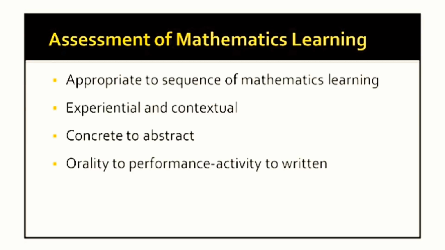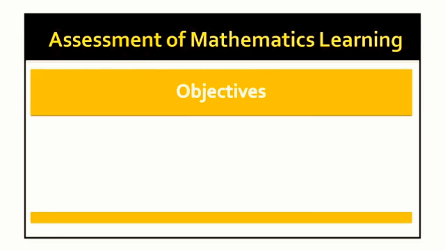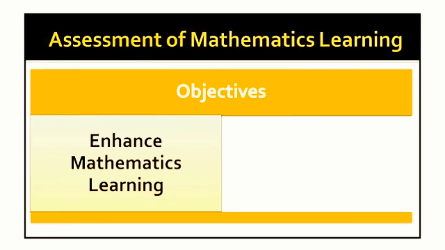makes the assessment more interesting. Now let's summarize by saying what are the objectives of good assessment of mathematics learning. It has two main dimensions. The first is it should enhance mathematics learning. If I know that I score 5 out of 10 in mathematics, it is of no importance to me. 5 is just a number, and 5 out of 10 signifies that I have learned 50% of the concepts.